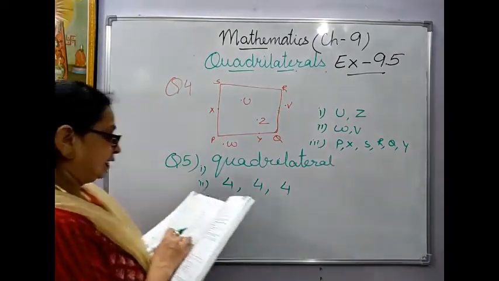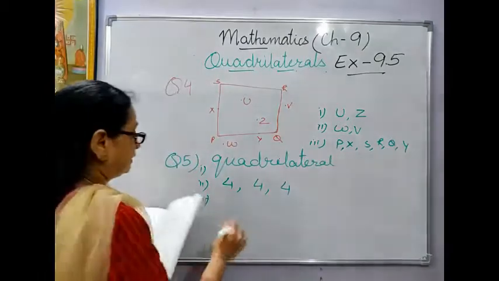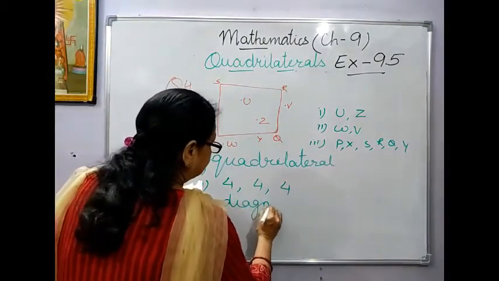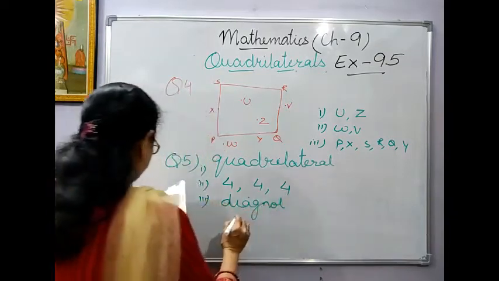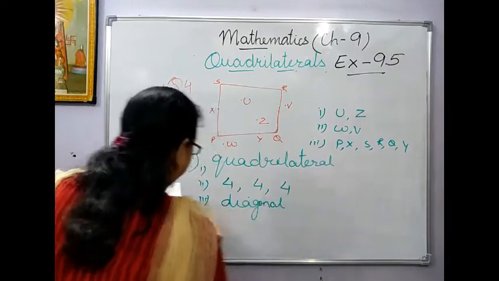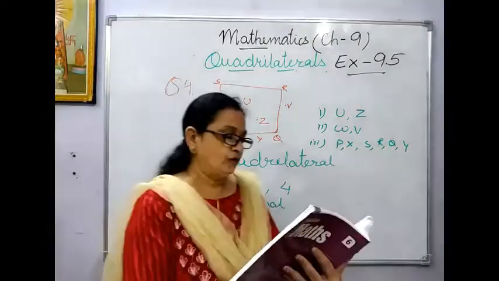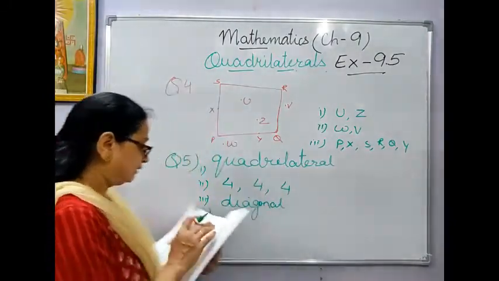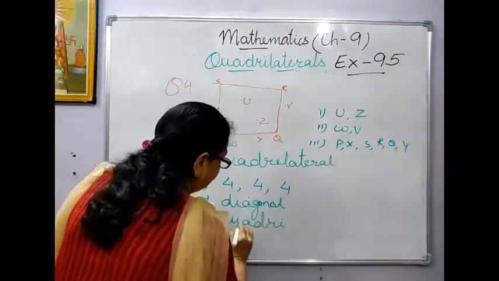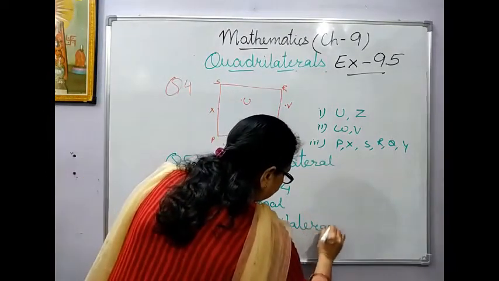Then third one, a line joining the opposite vertices of the quadrilateral is called a diagonal. Children, please solve and learn them. Okay. Then fourth one, the interior and the boundary of the quadrilateral together constitute the quadrilateral region.